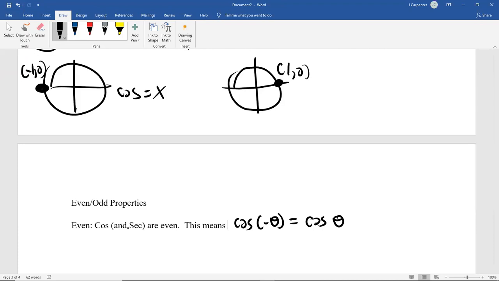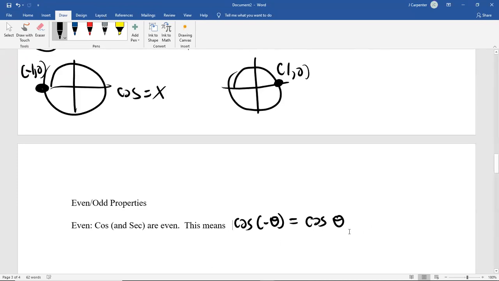Those are your even functions, however you want to say that. Your textbook may use the letter t instead. I much prefer using theta, but t and theta are interchangeable. So that's the only even one.